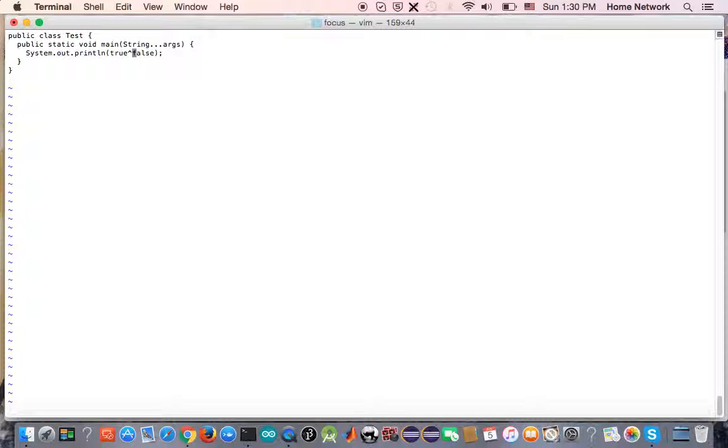Okay. Short-circuit AND. Here we met the first false. Then the whole expression is evaluated as false. We can add other expressions afterwards, but they won't change the value because they are ignored.